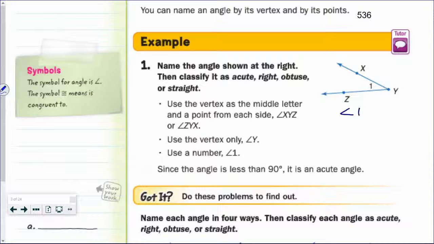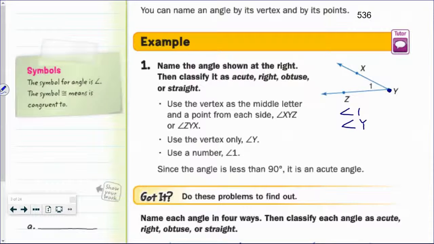And the reason I can call this angle 1 is because they put a number inside of that angle. That allows me to use that number to name it. I can also call this angle Y. Because Y is not on any other angle, it is only on this angle, and it identifies the endpoint of it. So this angle is standing alone. I can call this angle Y.